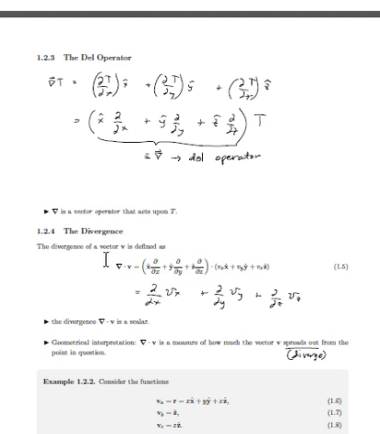So the divergence, we have here the divergence, no? So how to get the divergence? Okay, so for you to be able to get the divergence, all you have to do is to follow this formula. Kung meron kang vector v, for you to be able to have its divergence, you will have first the dot operation of that vector v with the del operator. Okay, so having the dot operation of that one, you will find this equation here.